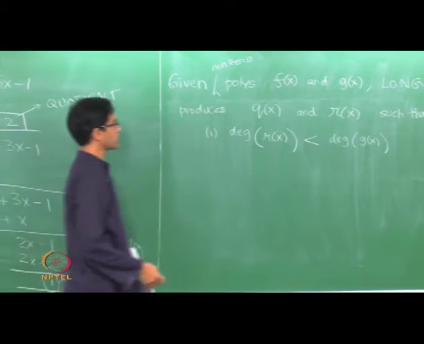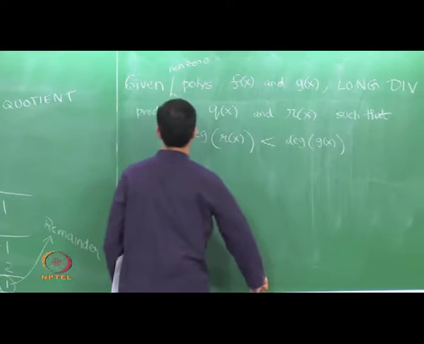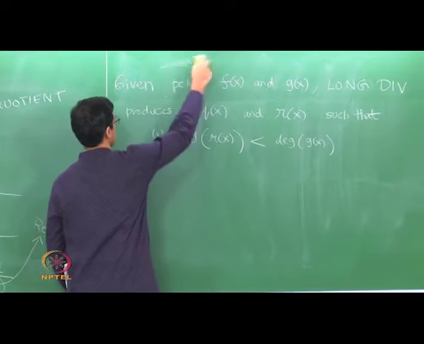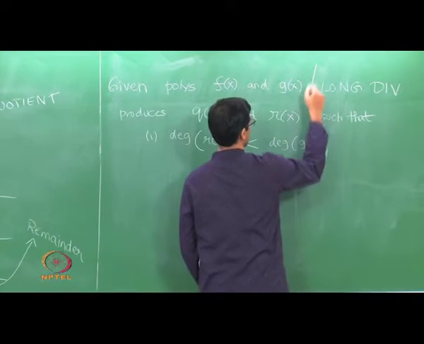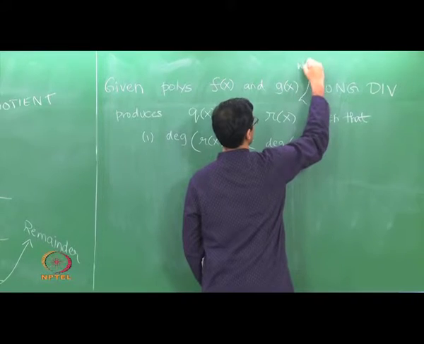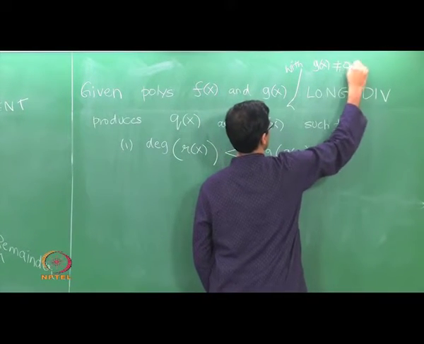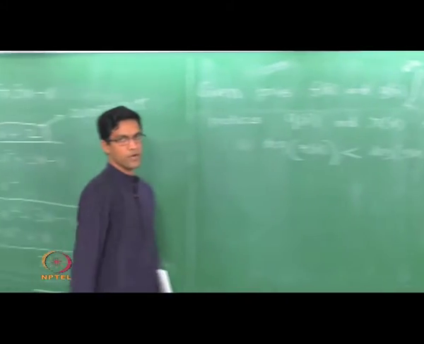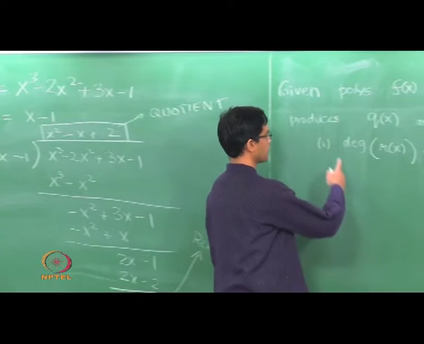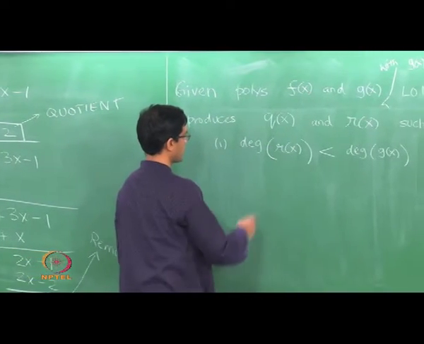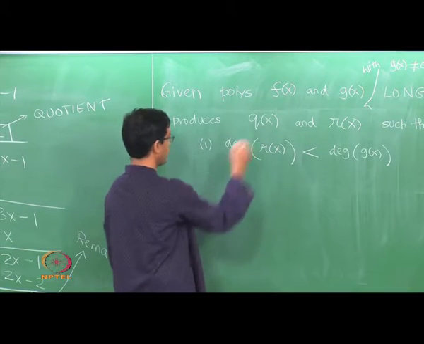So at least I want that g is a non-zero polynomial. So maybe let me just be more precise here. So given polynomials f and g with g non-zero, so I can't divide by 0 even in the world of polynomials. So what it does, it produces two polynomials q and r such that the degree of the remainder is strictly smaller than the degree of what you are dividing by.